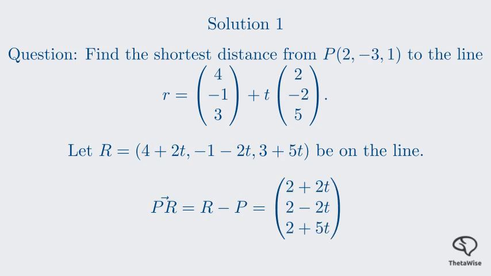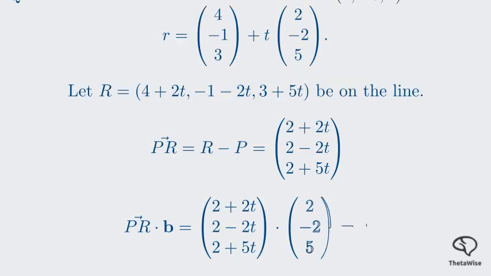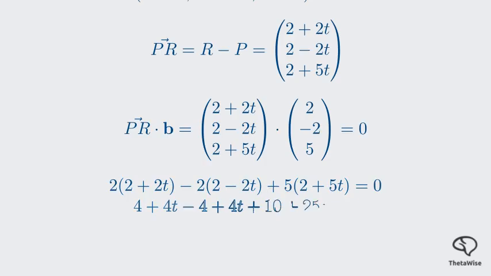The condition for shortest distance is PR is perpendicular to B, so their dot product is 0. Setting PR dot B to 0 gives us this equation. Expanding it and simplifying, we get 33t equals negative 24, so t equals negative 24 over 33, or negative 8 over 11. This is the parameter value for the foot of the perpendicular.